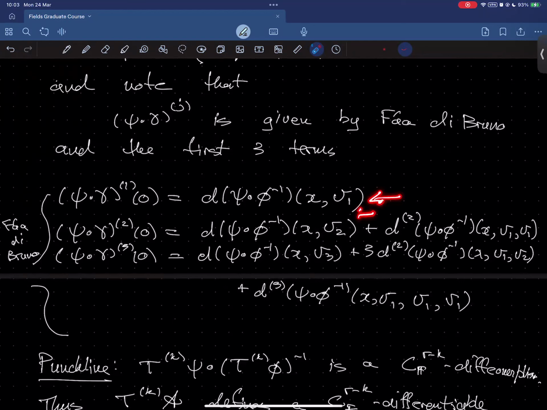The second derivative is linear in V2, but not linear in V1. The third derivative is linear in V3, but not linear in V1 and V2. That general observation holds for all derivatives. So in general, the kth derivative is linear in Vk, but it's not linear in any of the other V's. Because it's not linear in all of the V's, it can't be a vector bundle atlas.